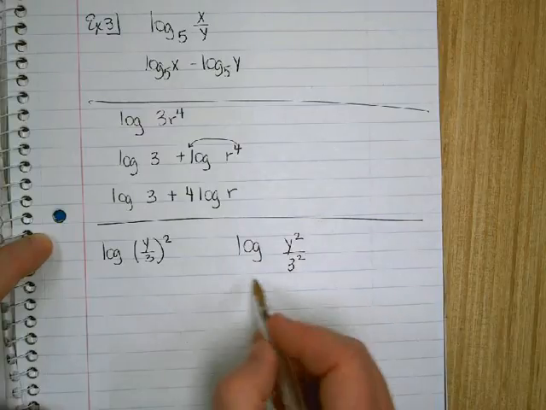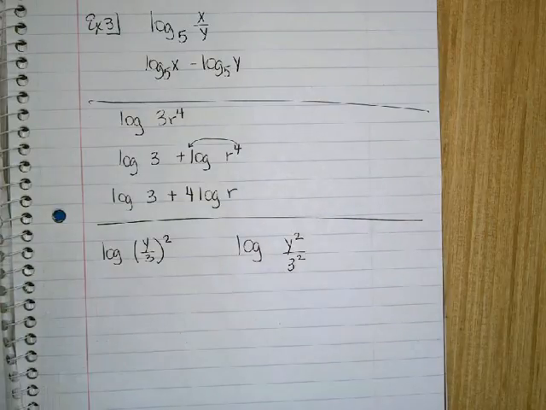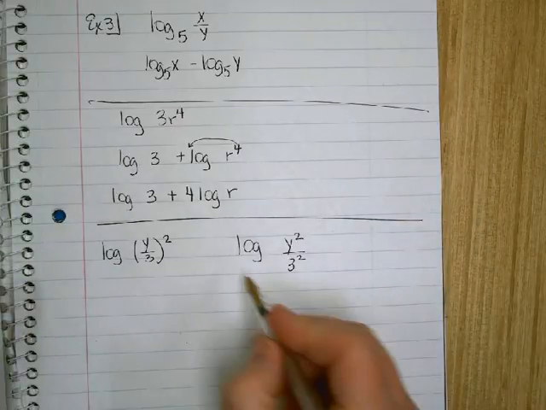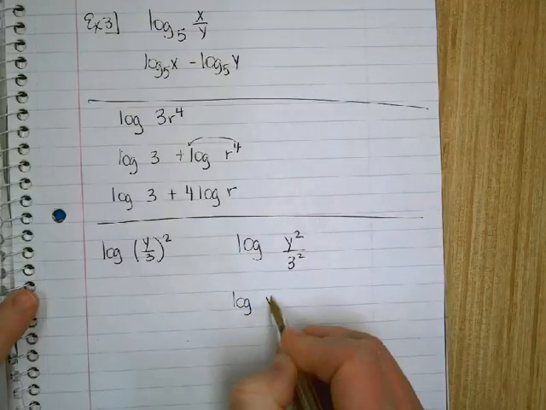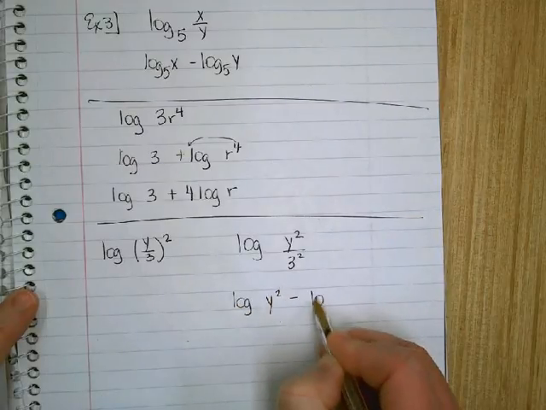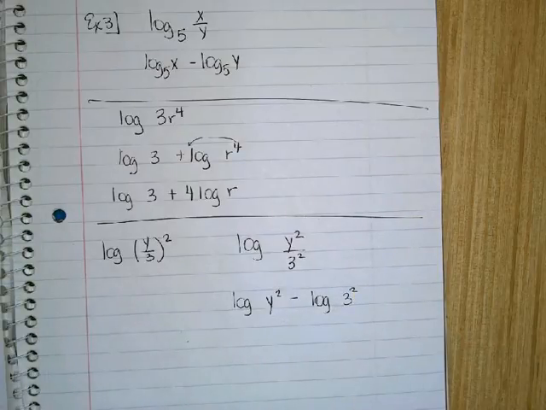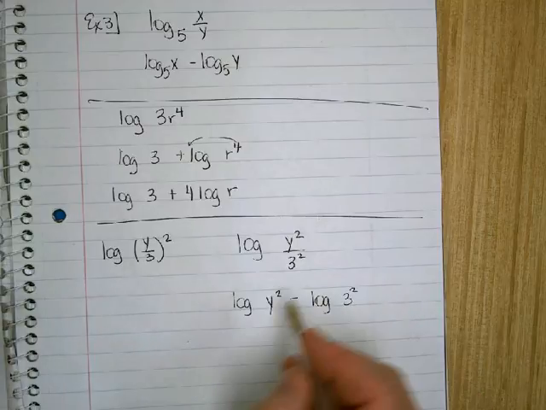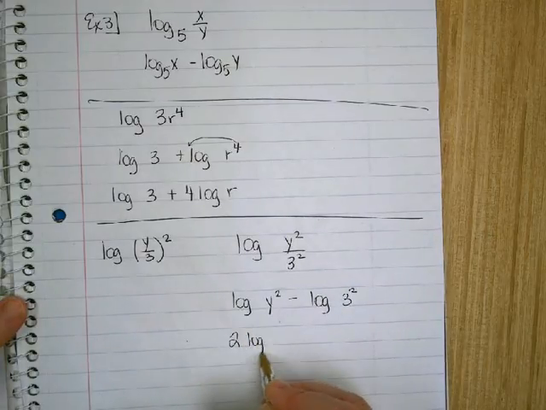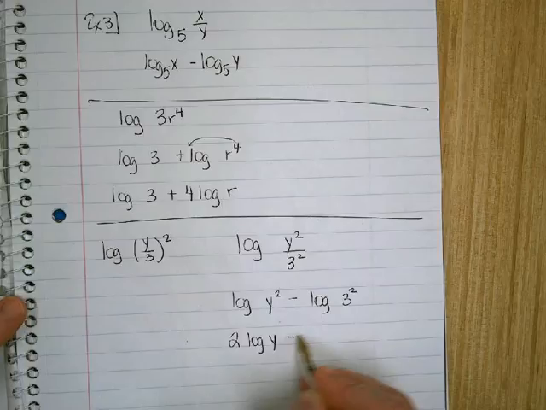Then what's the first step? You're going to go from division to... Division doesn't go to multiplication. Division translates into subtraction. Log base 10 of y squared minus log base 10 of 3 squared. Now you do one more step where you take the power and you move it over in front. 2 times log of y minus 2 times log of 3.